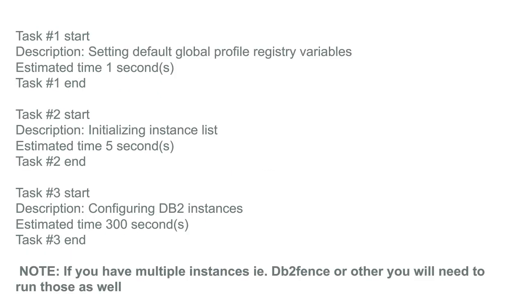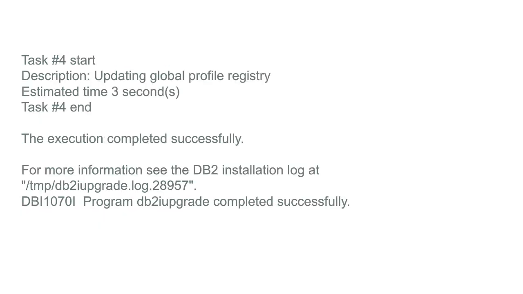Basically, this takes a few minutes to run, and you'll come out with a task 3, and it basically goes through these tasks. Also, I made another note: if you have another instance to upgrade, include that instance, I'm sorry.